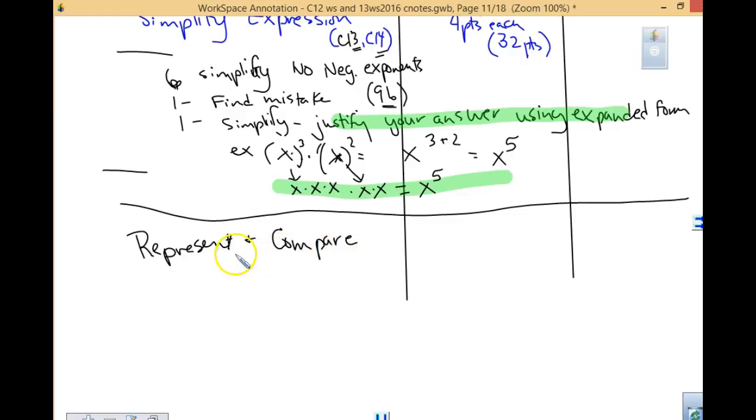And you got to be able to say why. So I can represent and compare the numbers using decimal. And remember, decimal notation is really the standard form.